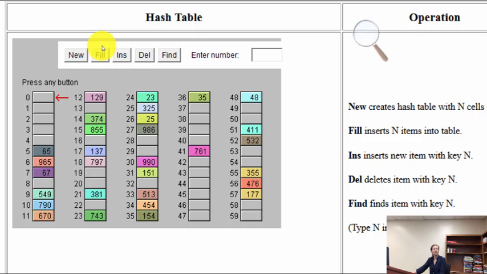So here's our hash table. Note that there's a lot of empty locations. And there's a lot of empty locations because remember that you want an array twice as big as the number of elements that you're going to store in there. This is because you're going to have to do some kind of linear probing, or you have to do separate chaining, or you have to do some kind of open addressing.